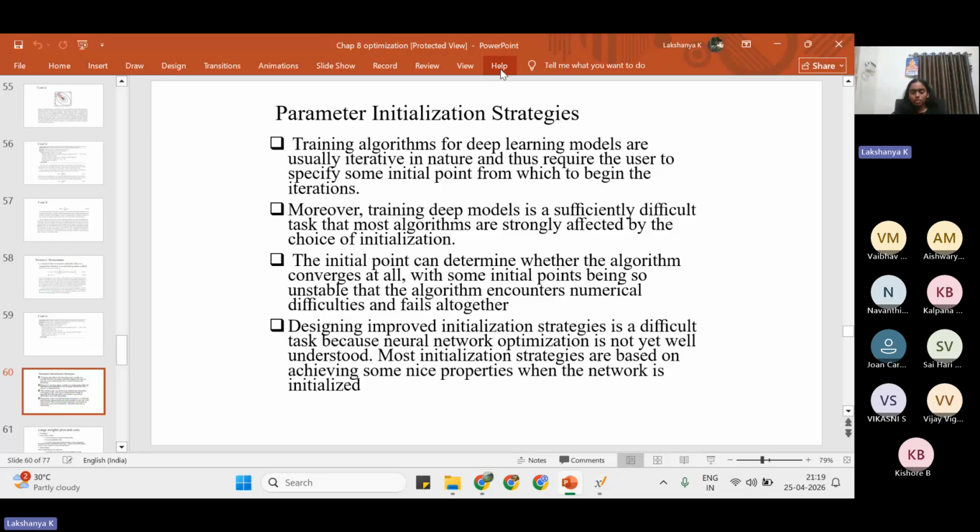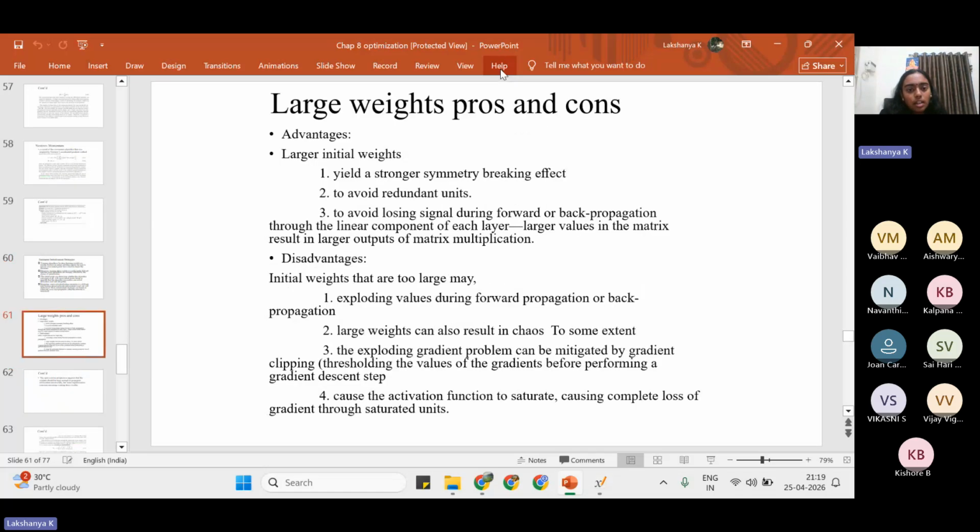So yeah, initialization. We were talking about local optima, and I told you it depends on initialization, right? So you have to be lucky enough to have initialized at the correct place to end up with the correct optima. That is the whole challenge here.